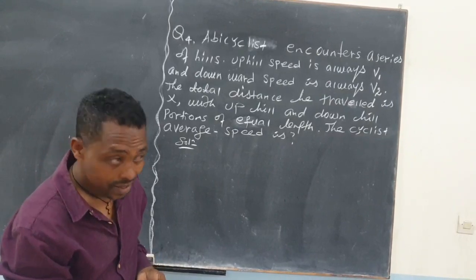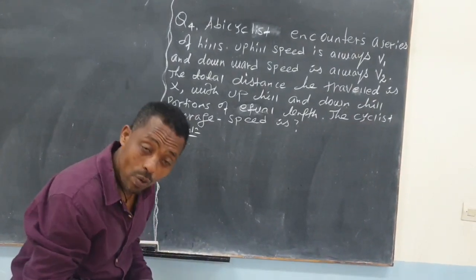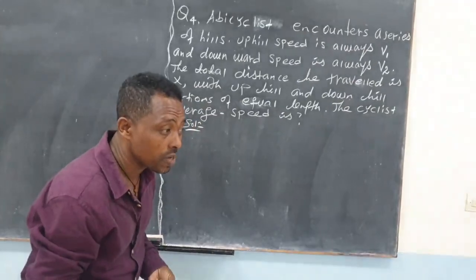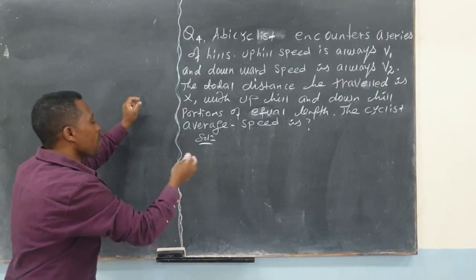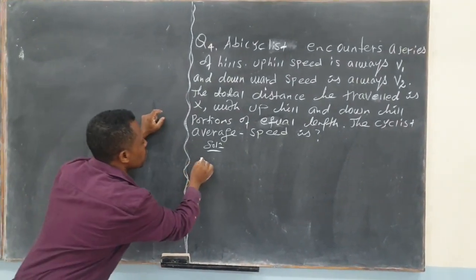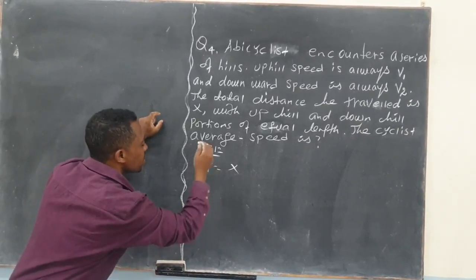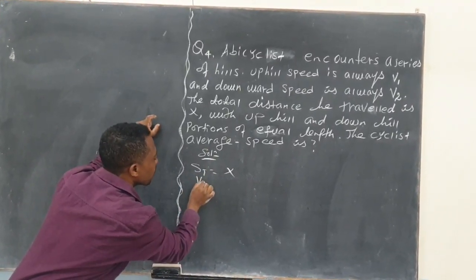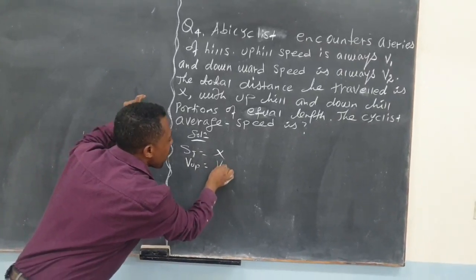So we are requested to find the average speed of the cyclist. Now, my dear, the total distance is given, that is x, and the upward speed is given, that is v1.